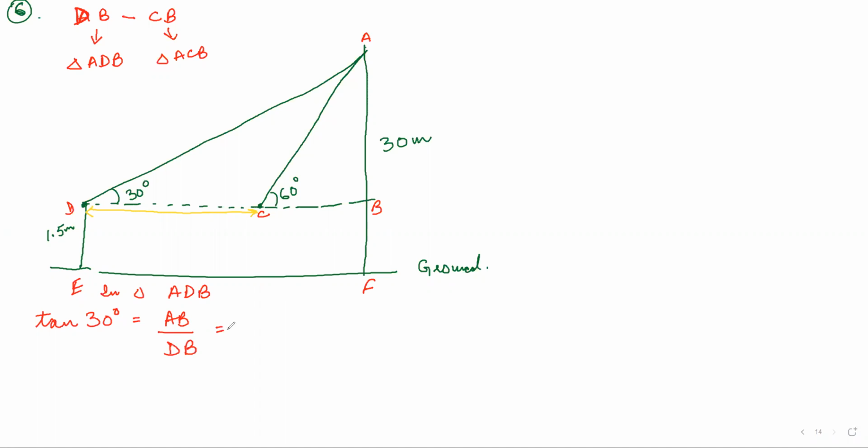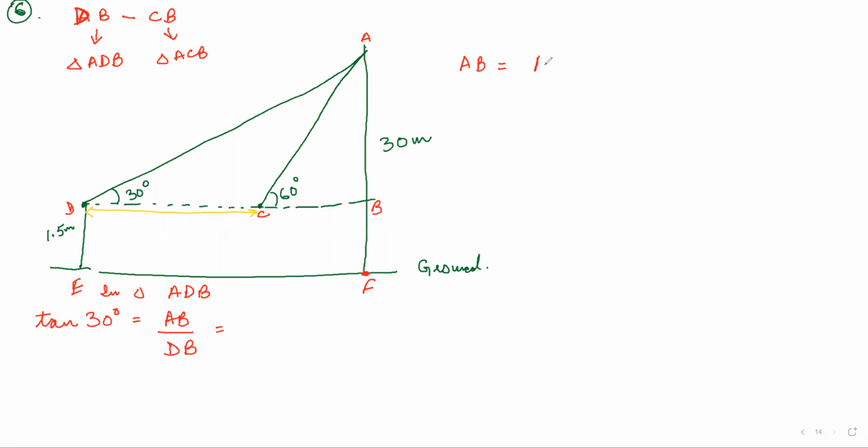Now, Rida, look here carefully. This 30 meter is the height of the tower from the ground, right? The tower is not standing in the air. It is touching the ground. So 30 is the complete length AF. Understood? And you want to find the length AB. So first of all, you will find the length AB.